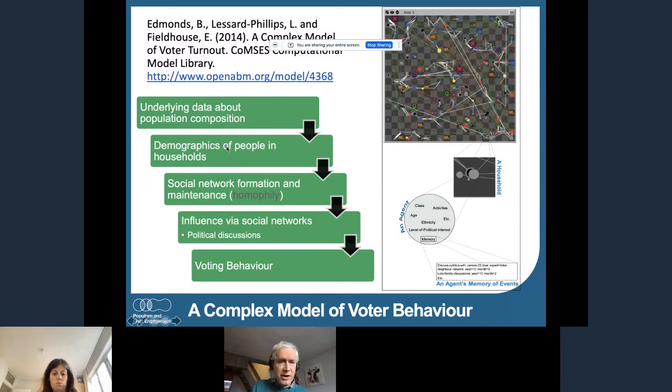So we had the demographics: people being born and dying and forming partnerships and having kids, etc. On top of that, there was social network formation and maintenance based on the principle of homophily. Then there was influence via the social networks between agents, mostly about how interested they are in politics. There are 4 different kinds of social network, which I'm not going to go into, and all of that influenced the voting behavior.